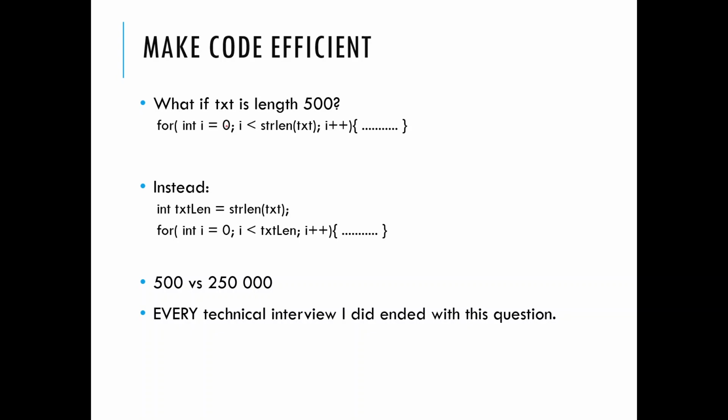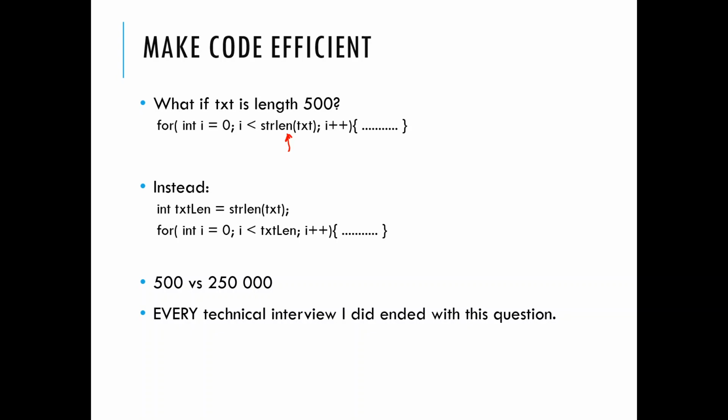I start at 0, and each time through the loop, I have to calculate this. I have to figure out what the length of this string is. In order to figure out the length of that string, I have to walk down the entire string and count things. We looked at how string length would be implemented.